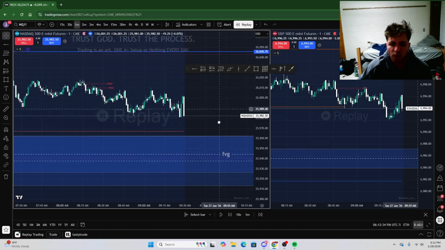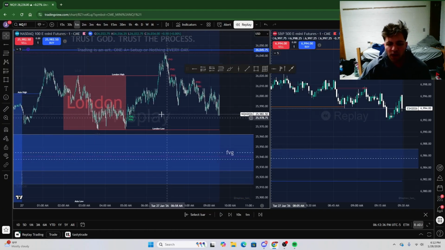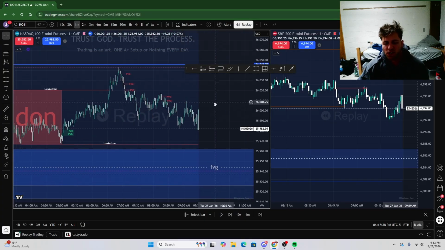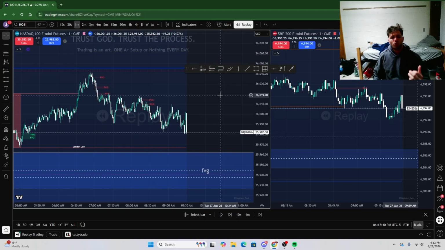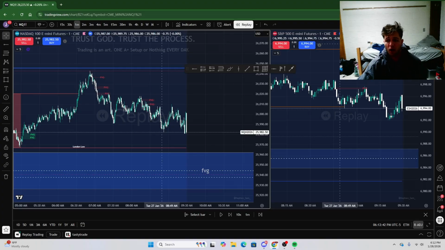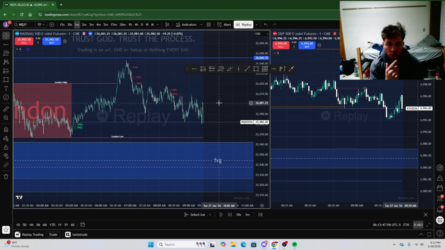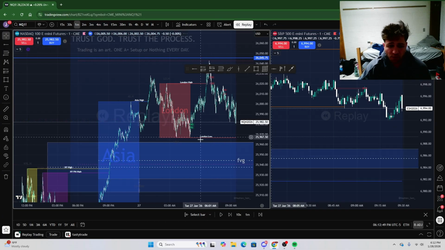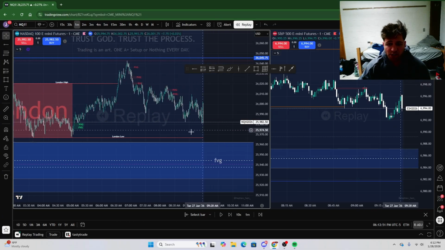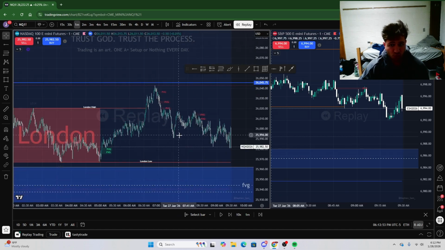So obviously, I want to predict what's going to happen if we react to each of these things. So I have marked out important highs, important lows, and important gaps nearby on both assets. Now here's what I say to myself. Okay, what am I looking for? I'm looking for us to respect these gaps and get our longs to these highs. Pretty obvious, right?